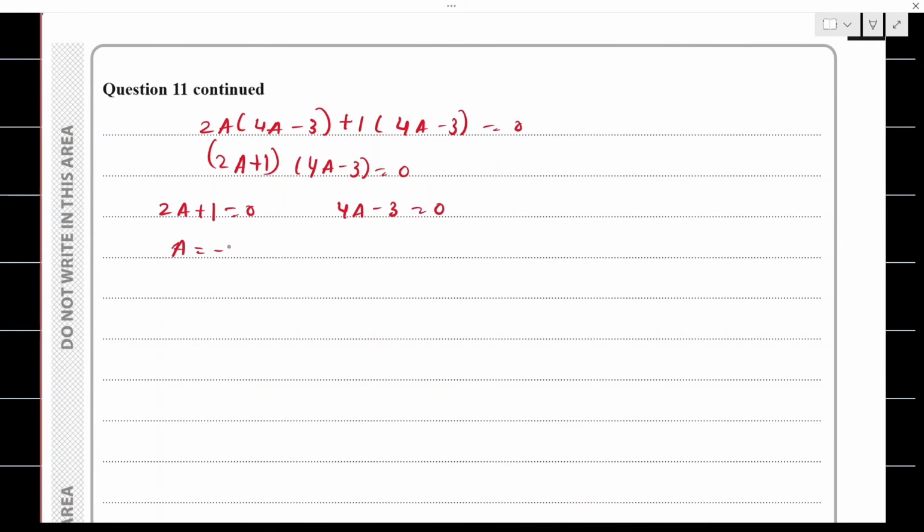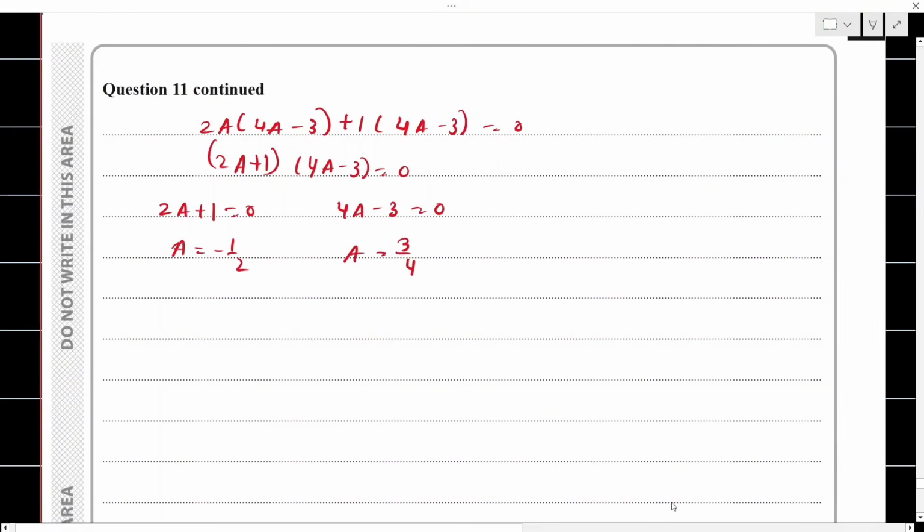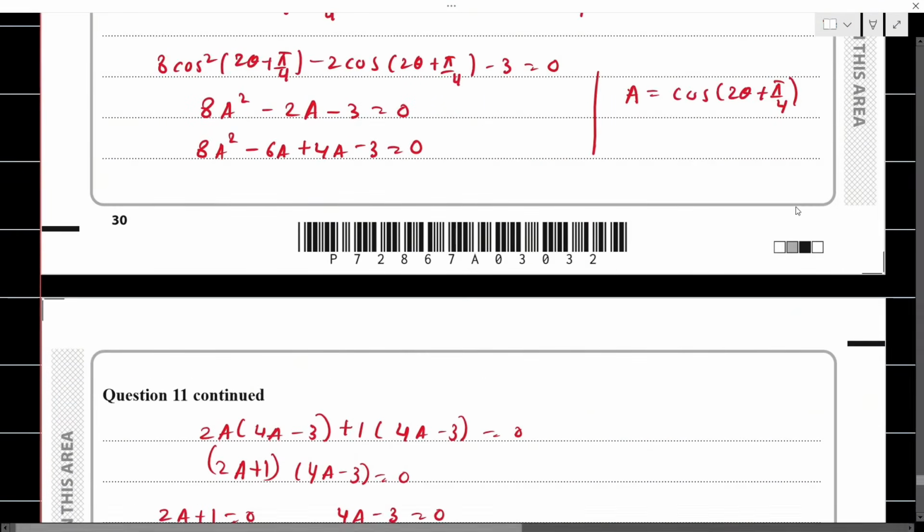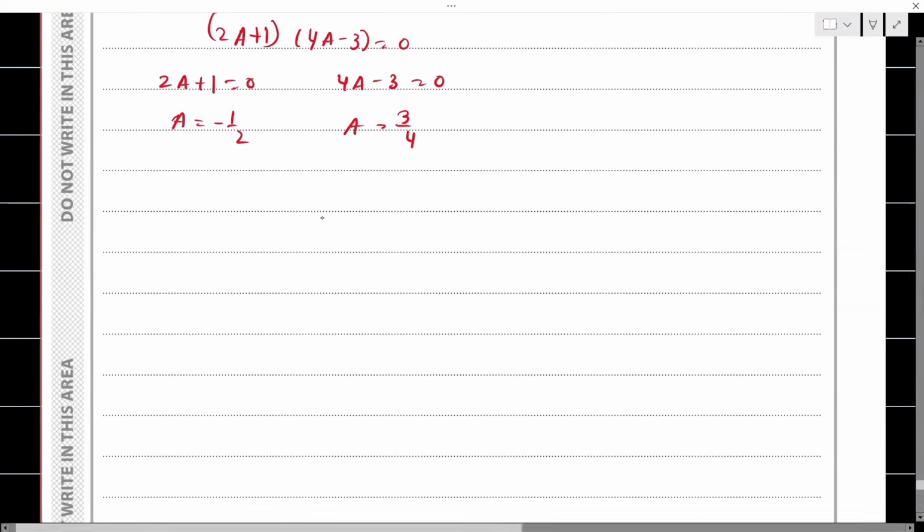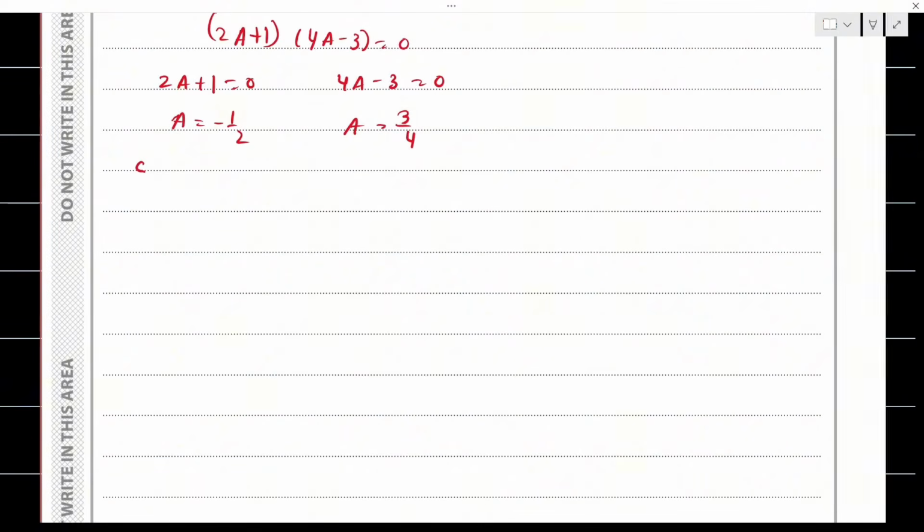So a is equal to minus half, or a is equal to 3 by 4. We know that a is equal to cos 2 theta plus pi by 4. So I can write that cos 2 theta plus pi by 4 equals minus half, or cos 2 theta plus pi by 4 equals 3 by 4.